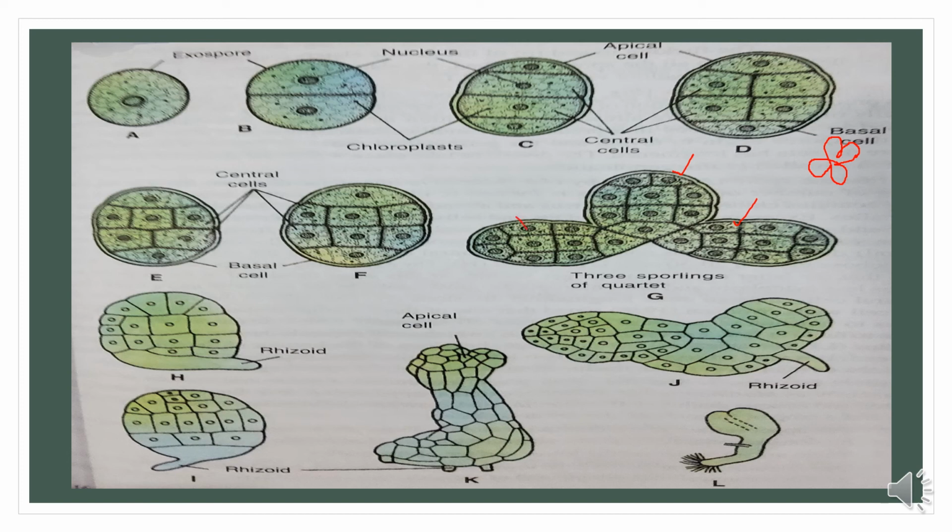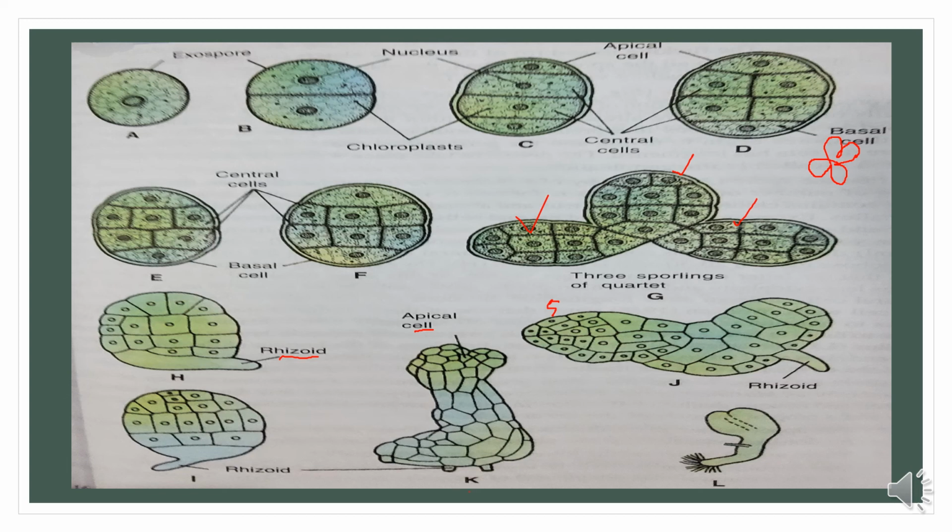So these are the three spores, one is not shown, and by repeated division, this rhizoid-like structure is formed, and the lower region forms the rhizoid, the upper region forms the apical region, and this is how the final sporeling looks.